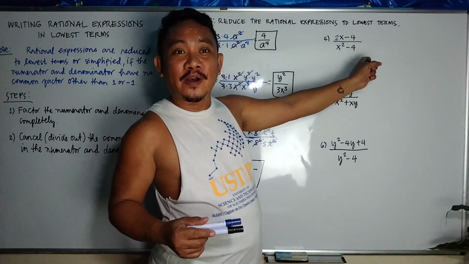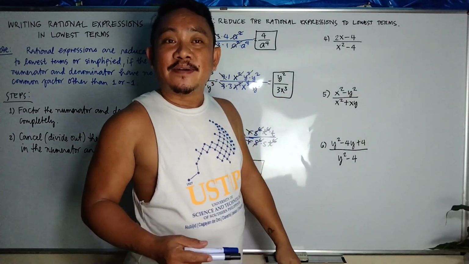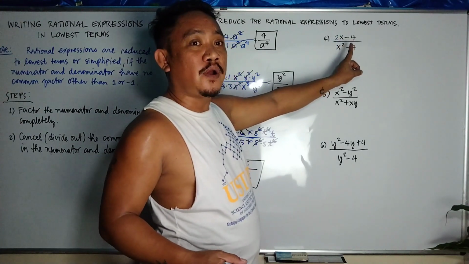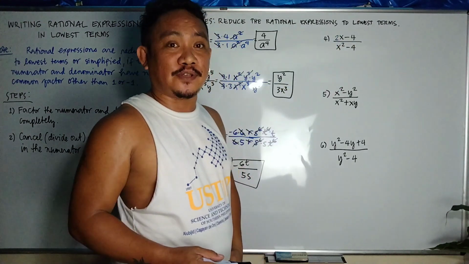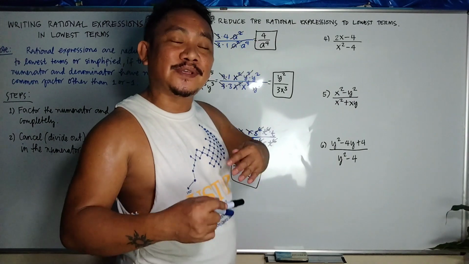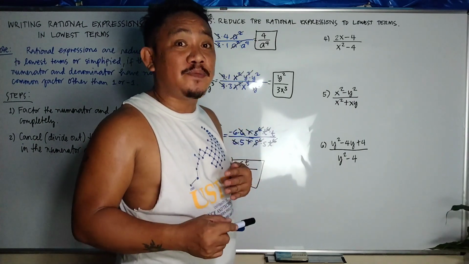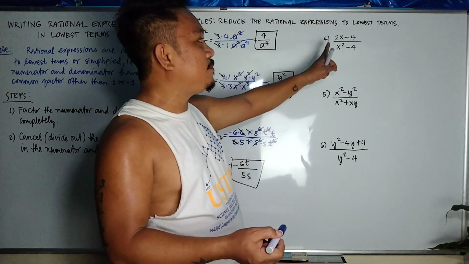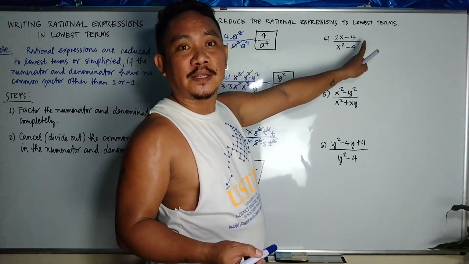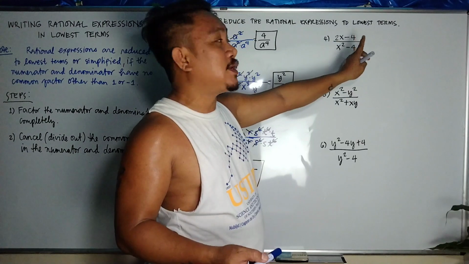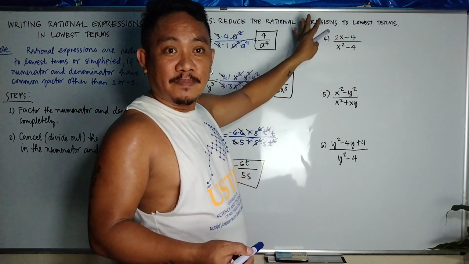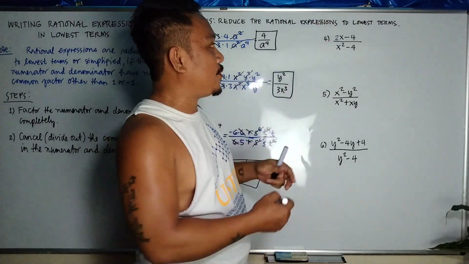Now, in number 4, we will apply again factoring, no? You are given 2x minus 4 over x squared minus 4. So, again, atong step, we need to factor the numerator and then the denominator. Okay. Now, try to observe the numerator. This is a binomial. So, all you need to do is to factor out their common between 2x and 4. So, di ba?